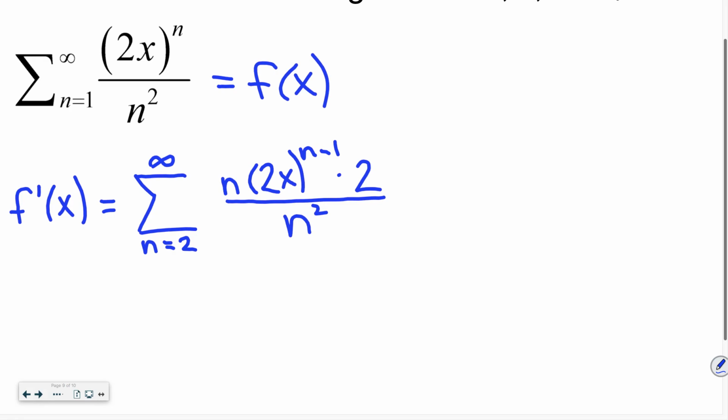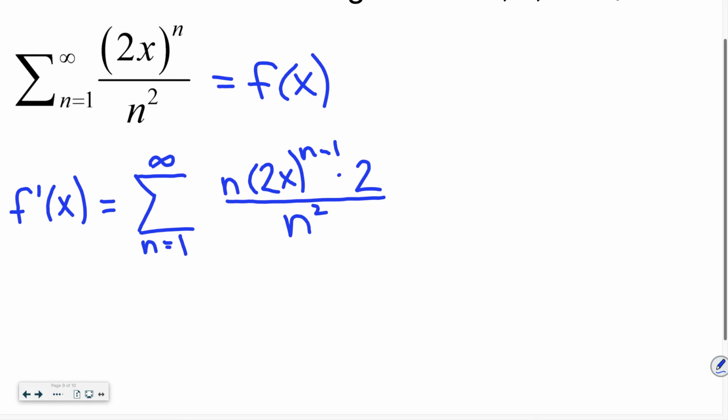Now, when we take the derivative, we do need to adjust this. Why'd you just add 1 to the n? You made it n equals 2. Actually, in this one, I think we can keep it as 1 here.